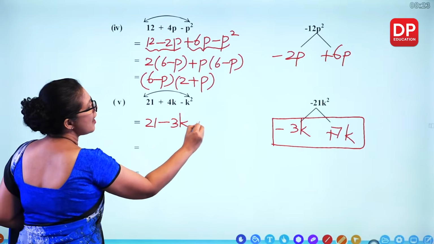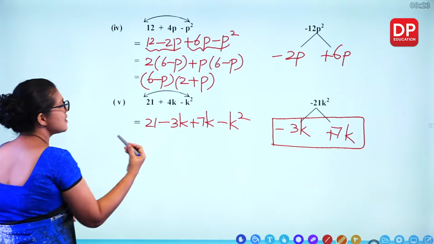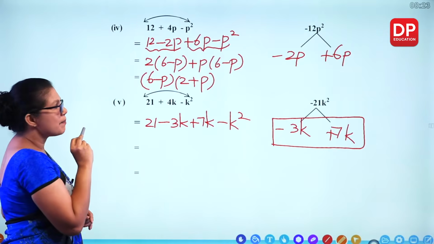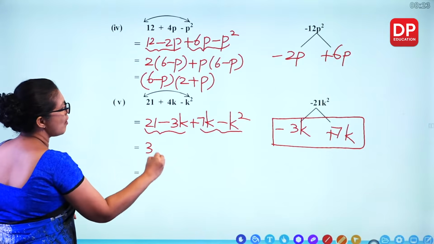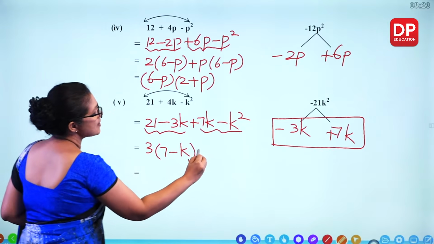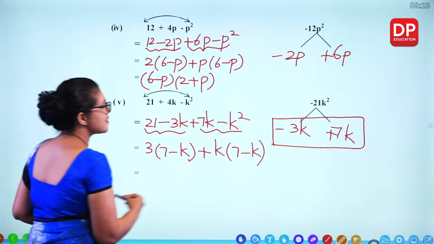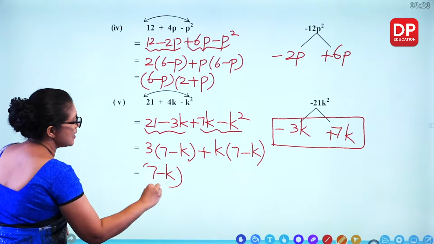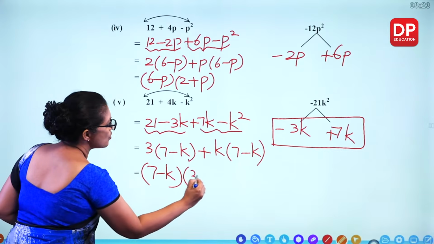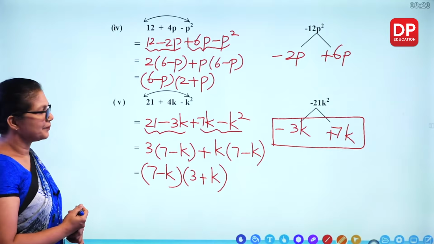You don't need to write down all factors and see where you get plus 4. Now take 2 at a time. 3 is common there. 7 minus k. Plus k is common and you get 7 minus k. 7 minus k is common, take it out, you get 3 plus k.